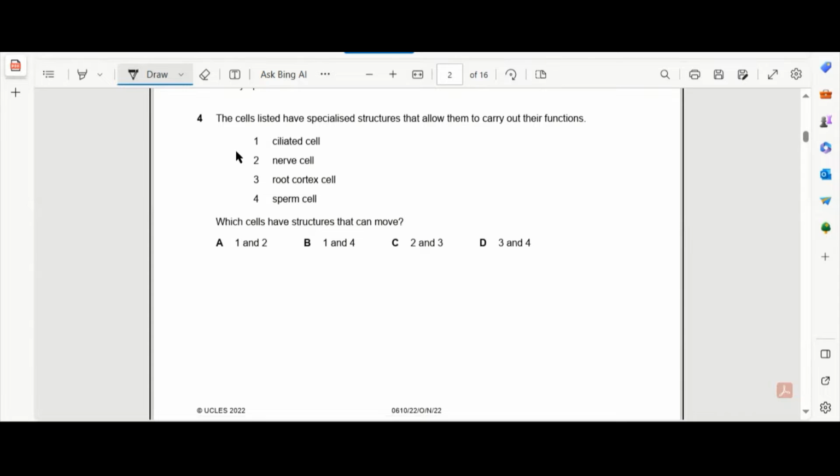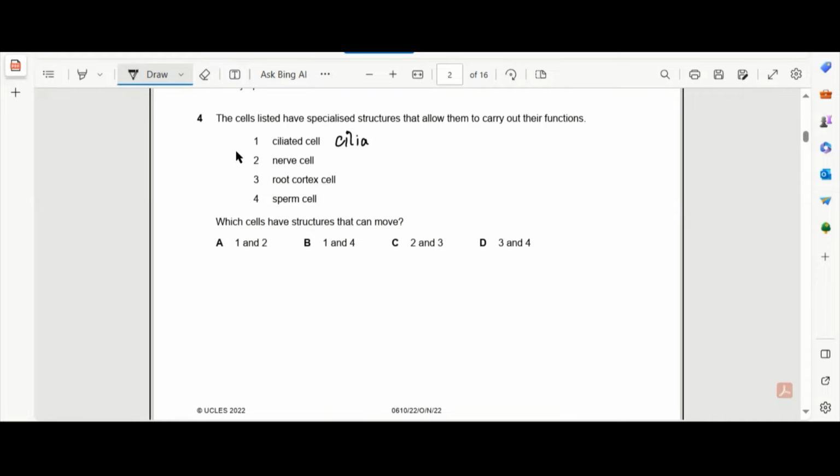4. The cells listed have specialized structures that allow them to carry out their functions. 1. Ciliated cell, 2. nerve cell, 3. root cortex cell, 4. sperm cell. Which cells have structures that can move? Okay, ciliated cells we know contain cilia, which are able to move in our airways, and it moves mucus throughout the airways and our digestive tracts.